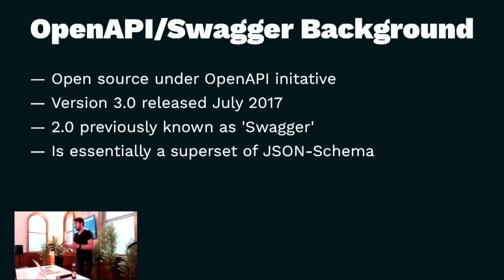And nowadays it's all OpenAPI, and Swagger is the SmartBear company's brand name for their tools around Swagger. My point here is it's essentially a superset of JSON schema, and I'll talk about JSON schema in the next few slides.